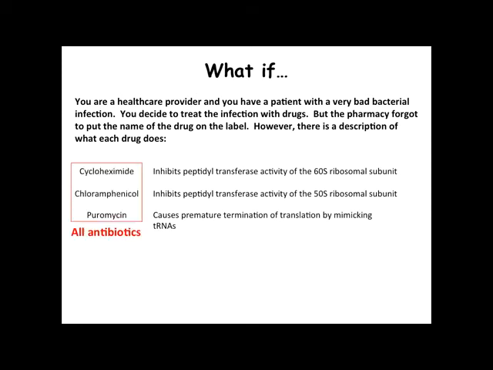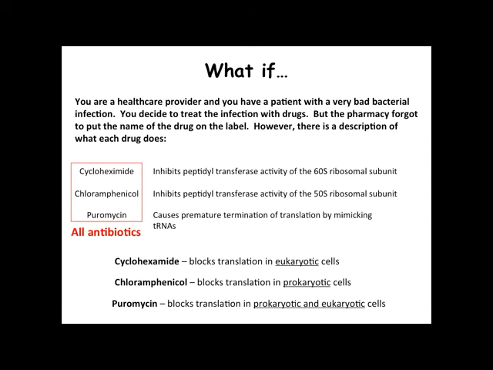Well, these are actually examples of antibiotics that are currently available and are used for a number of different things. Based upon this information, you could determine that this one drug, cycloheximide, up top here, is going to block translation in eukaryotic cells because eukaryotes have this 60S ribosomal subunit.